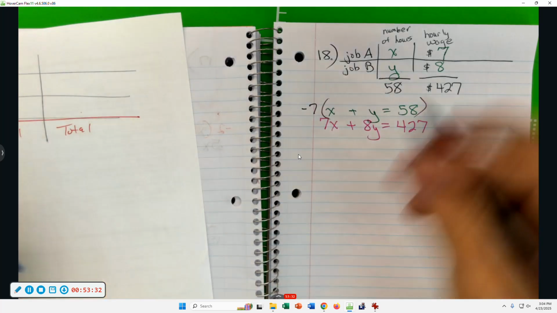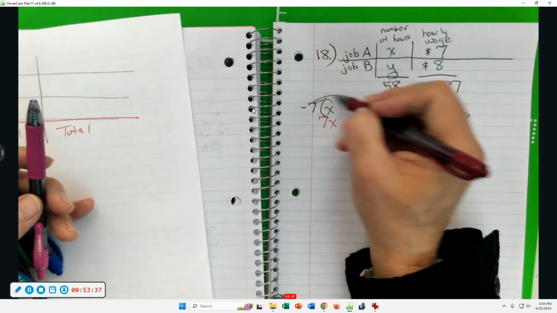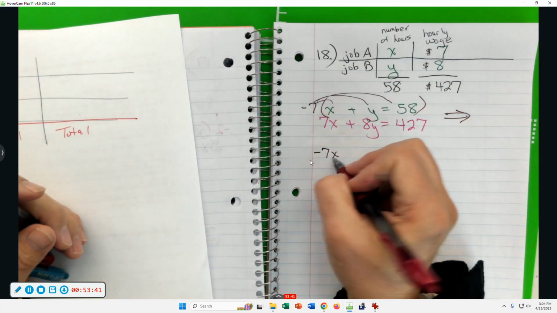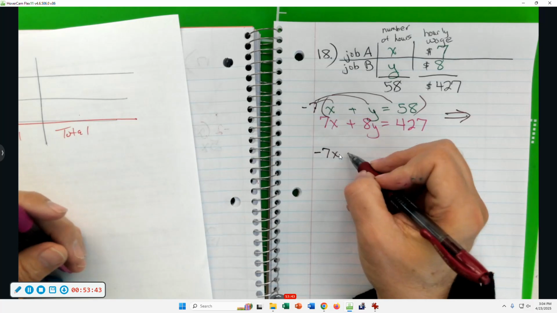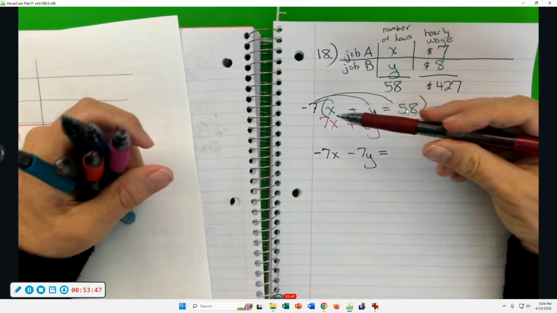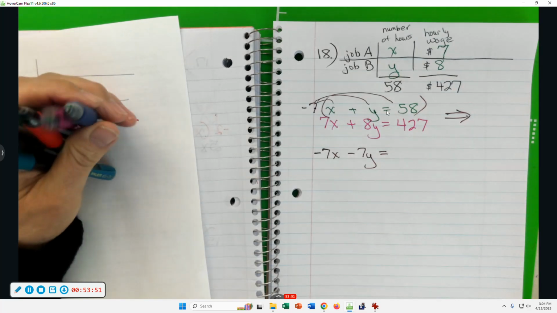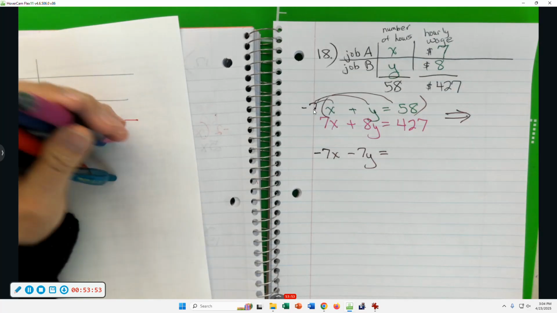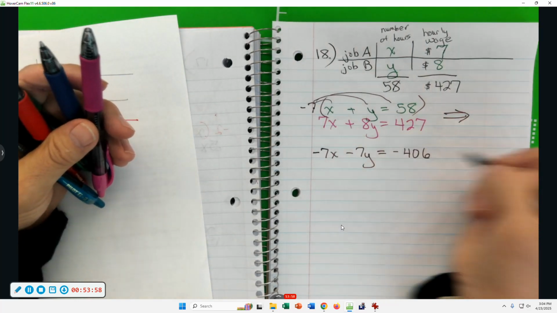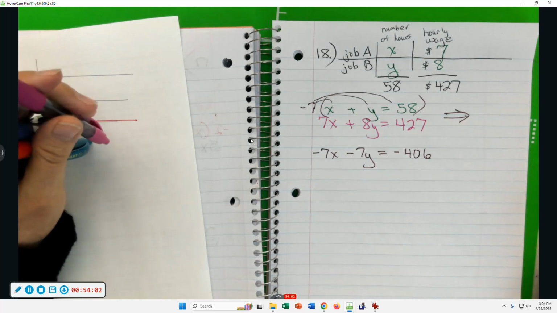That's going to give me -7x minus 7y equals, 50 times 7 is 350. 8 times 7 is 56. So we have 350. I'm getting a -406. Someone check me with their calculator. I did it in my mind.